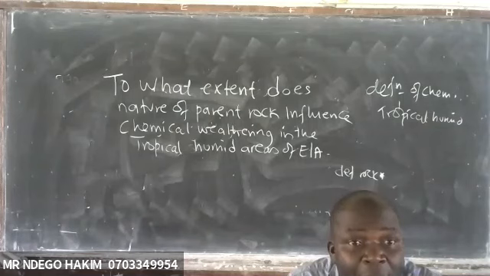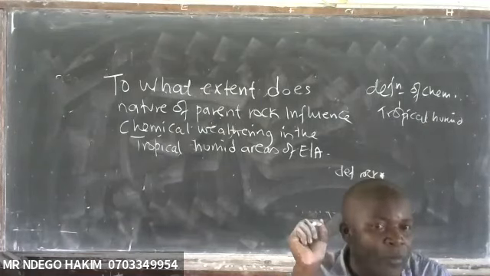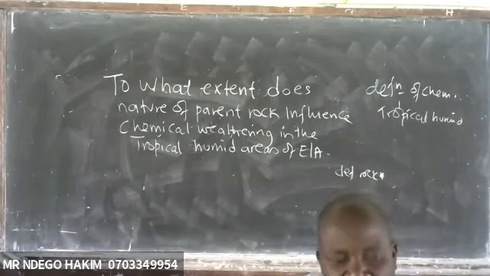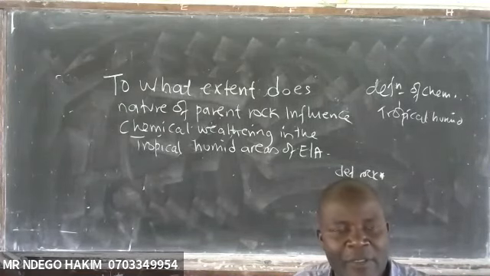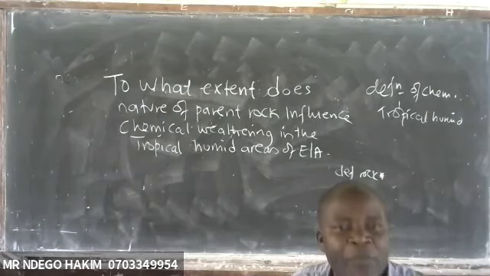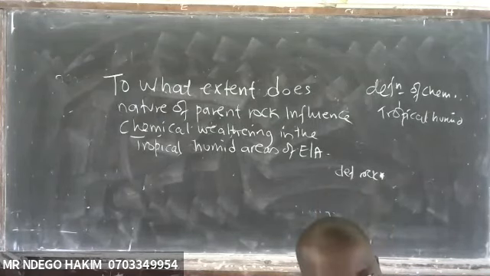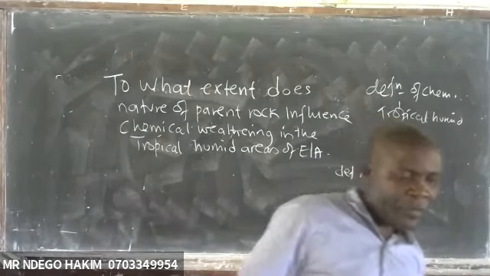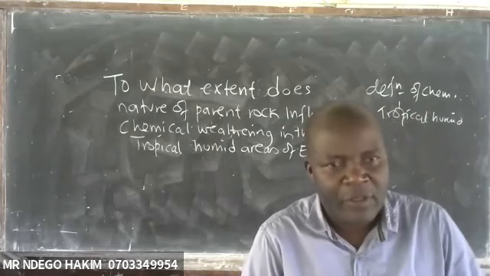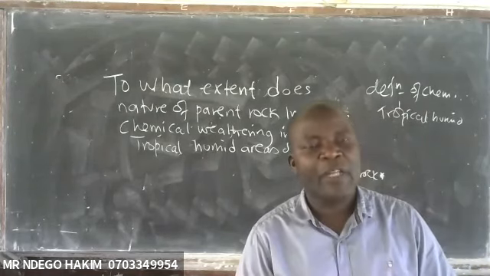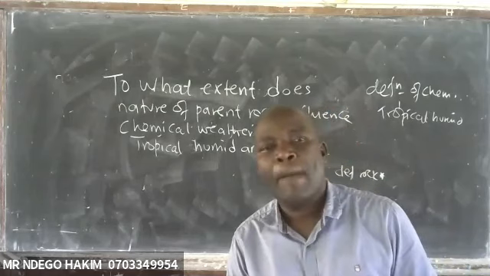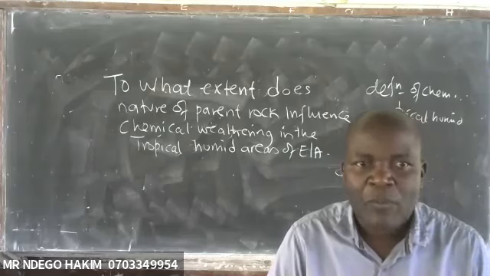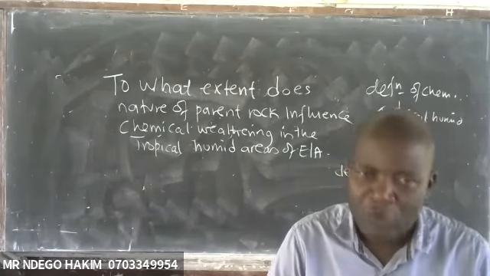You borrow the information you have been discussing to interpret this question by defining chemical weathering, identifying tropical humid areas and their characteristics. Then after that, the chemical weathering processes. Then you go to nature of the parent rock, how it influences chemical weathering in tropical humid areas.